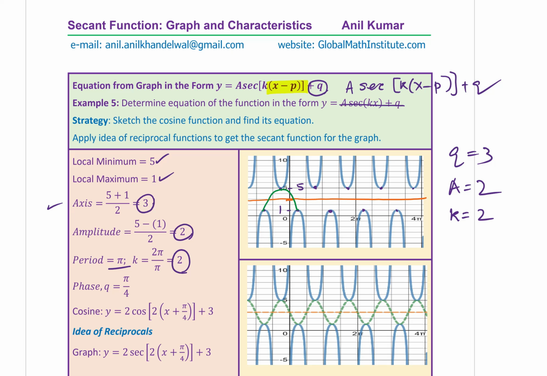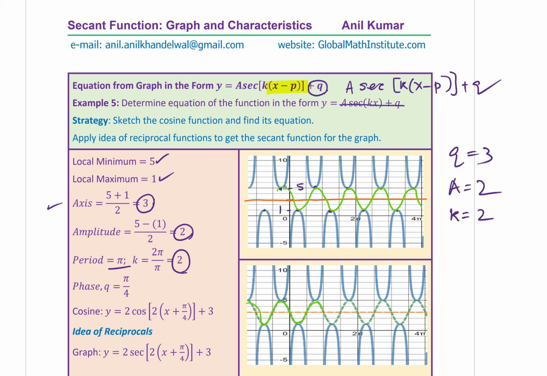I'll do a better job than this. Okay, let's redo the axis. Correct. And now let me sketch the cos function here, right? So that is how the cos function could be. Which we have drawn here in green. So look at this cosine function, which is perfectly as shown earlier.